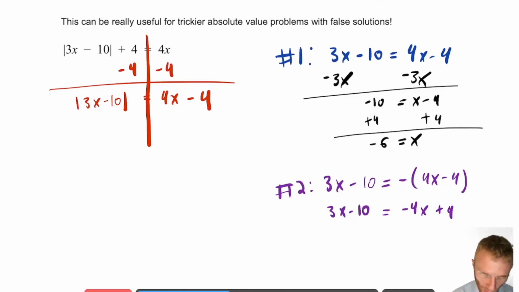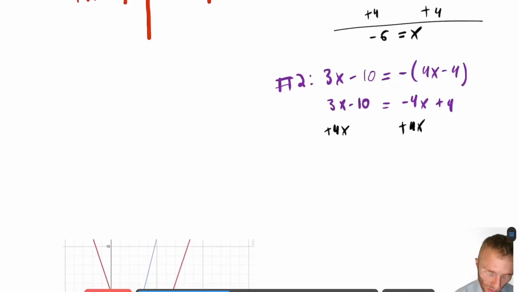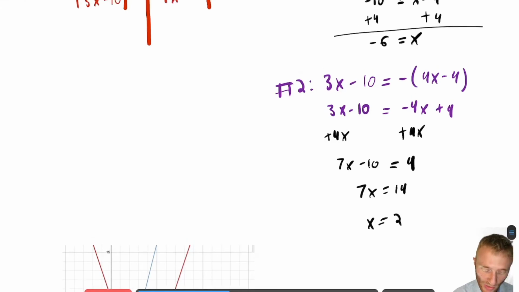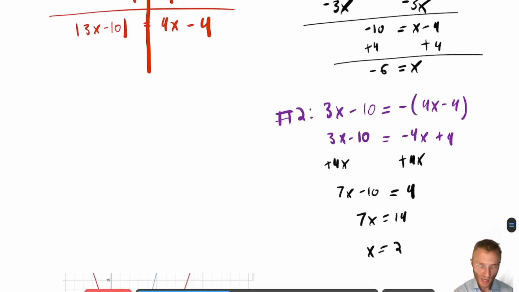Working the other way, if I added 4x to both sides, I got 7x minus 10 is equal to 4, and I added 10 to both sides. 7x is equal to 14, and x is equal to 2. These look like my two solutions, but let's see what happens when we test them.